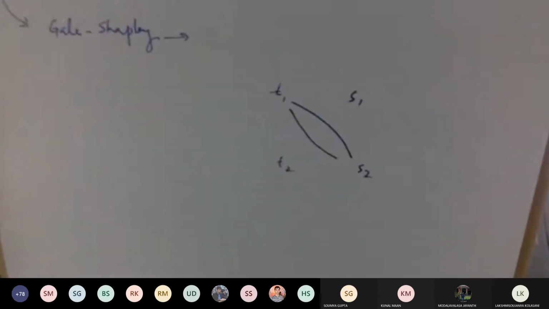Okay. So understand this situation. It is like this. If you can look at this picture, T1 is assigned to S1, T2 is assigned to S2 by the algorithm, but according to the vector, T1 has S2 ahead of S1 in its vector, whereas S2 also has T1 ahead of T2 in its vector.